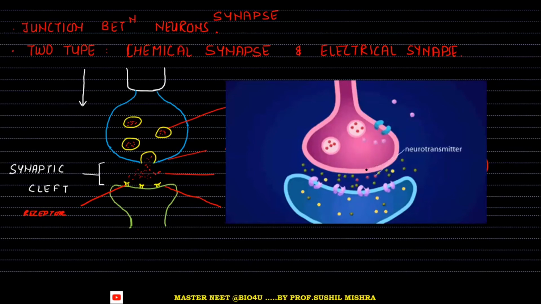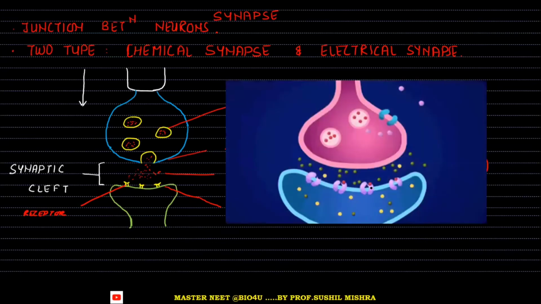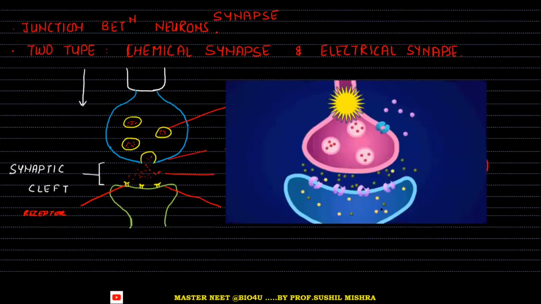That calcium directs the synaptic vesicle to release neurotransmitter. The neurotransmitter binds to the receptor, and because of that, the sodium gate opens up. The moment the sodium gate opens up, sodium comes inside the postsynaptic neuron and it generates an action potential. Once it generates an action potential, this is carried further.